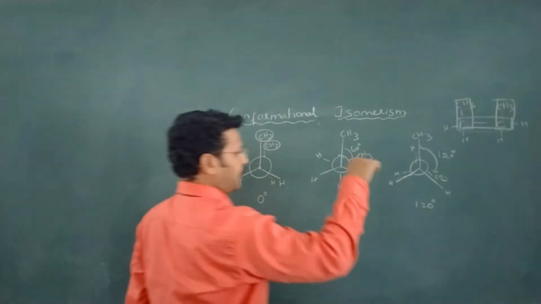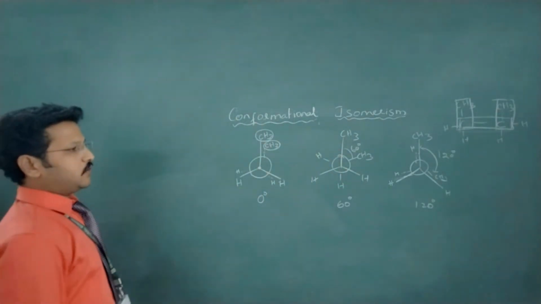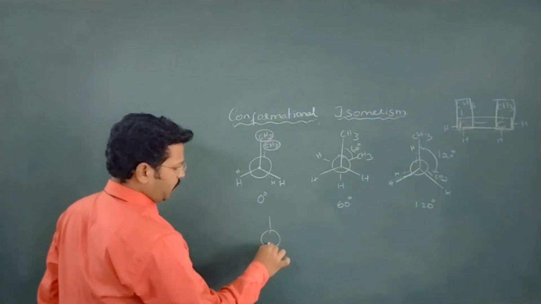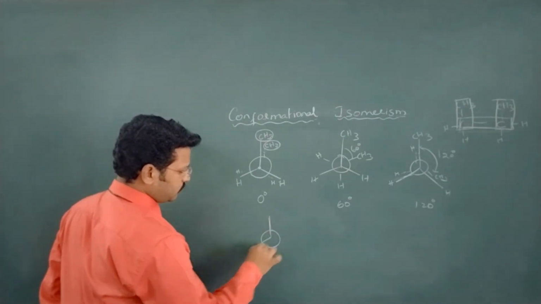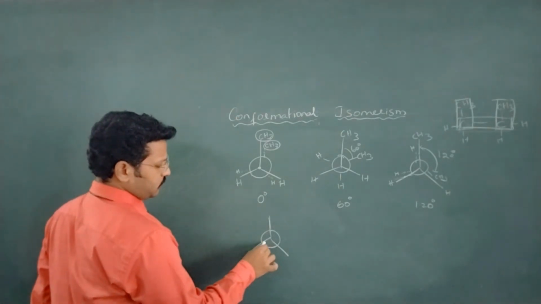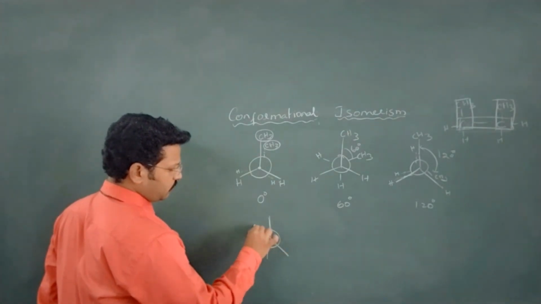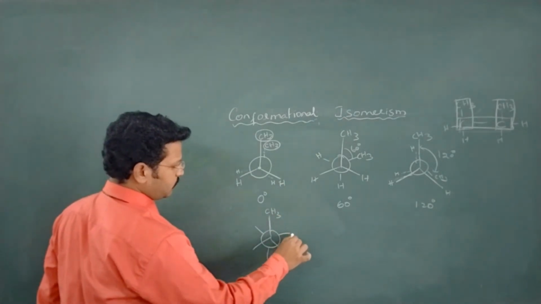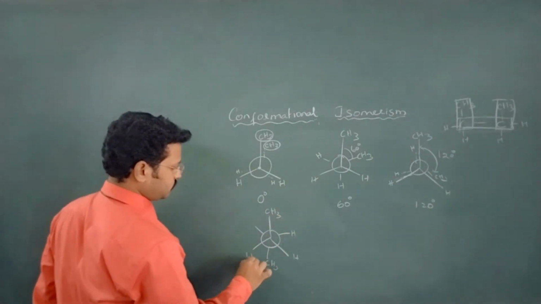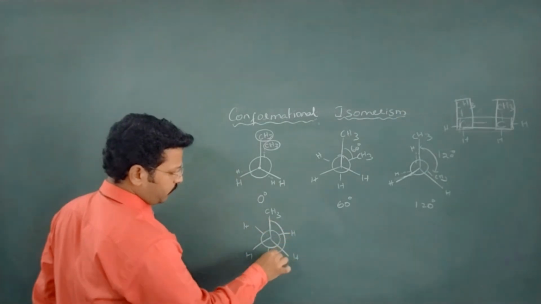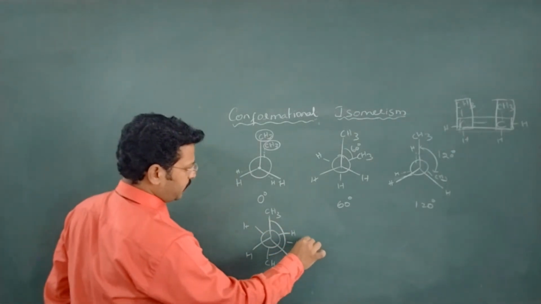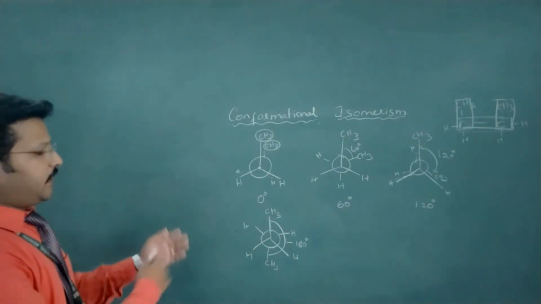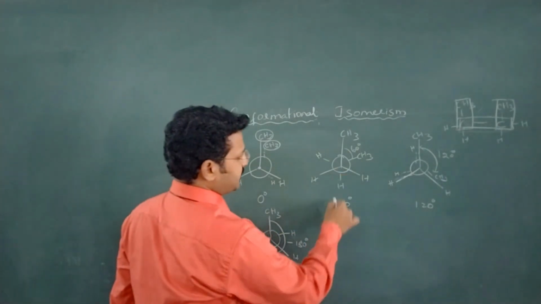Again I rotate about the C-C single bond and get a conformation like this. The angle of rotation here is 180 degrees. And if I rotate again on either side, it becomes the same molecule.